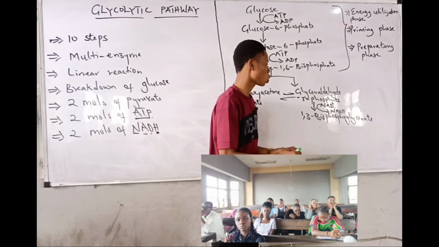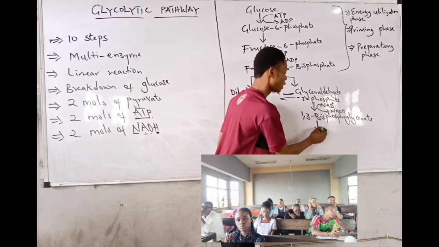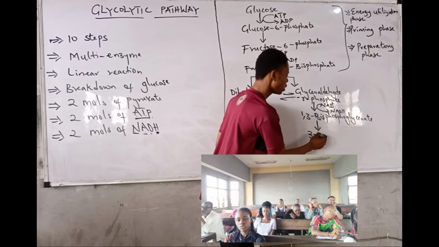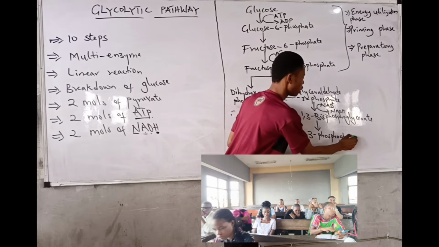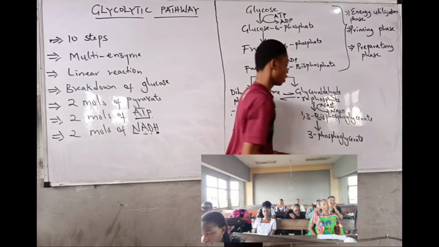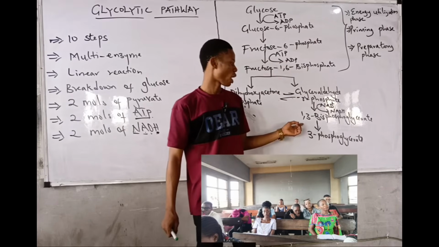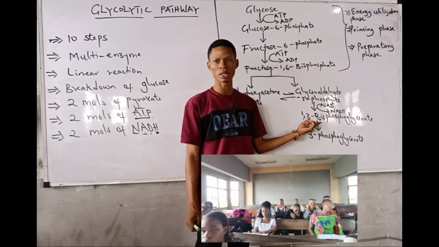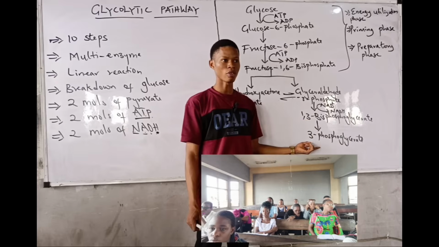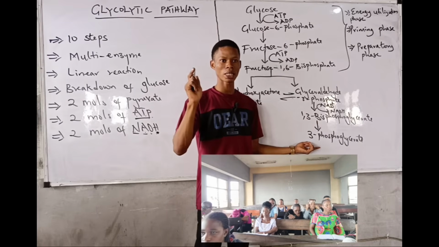Now, 1,3-bisphosphoglycerate is converted now to a molecule of what? 3-phosphoglycerate. Now notice something here. In 1,3-bisphosphoglycerate, how many phosphate groups do we have? 2, right? How many do we have in 3-phosphoglycerate? It means we've given out 1, right?